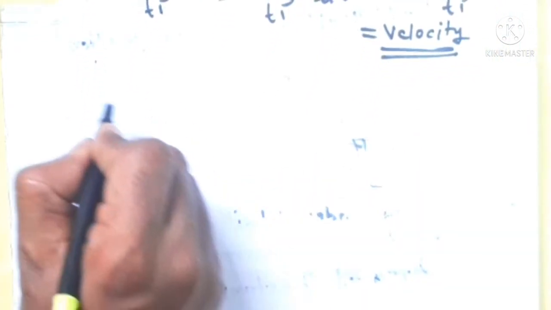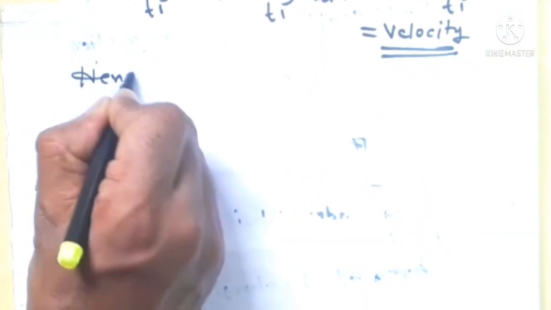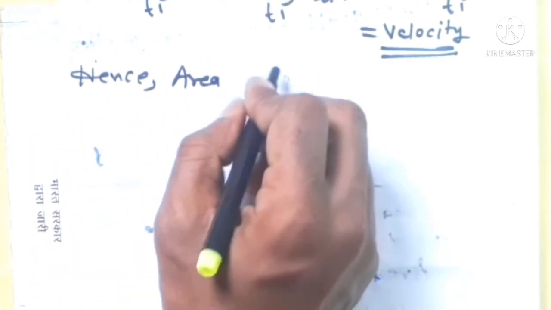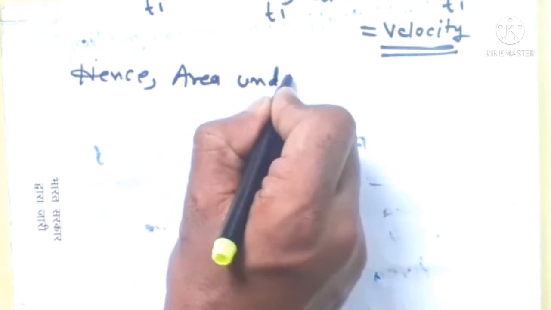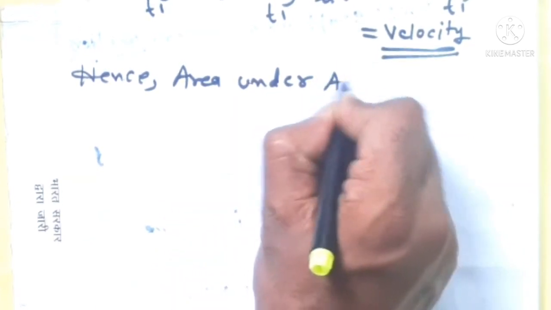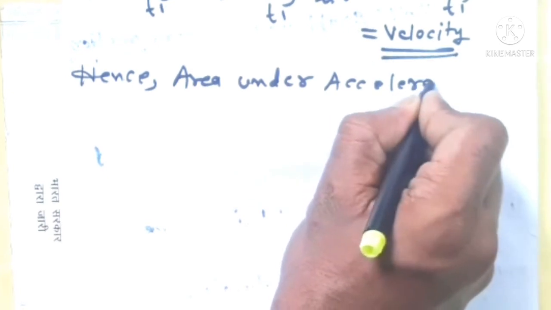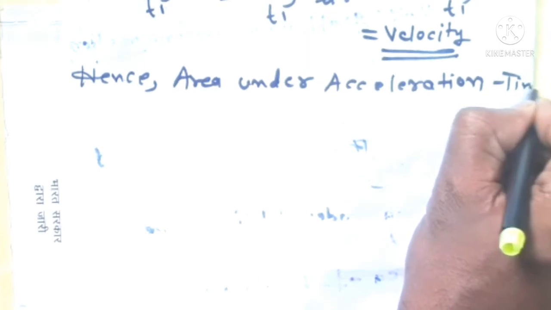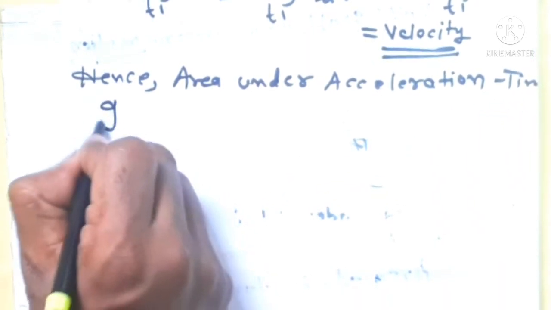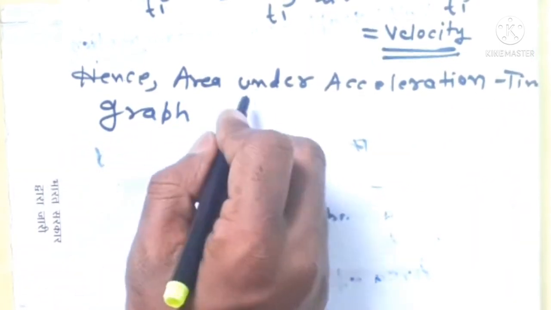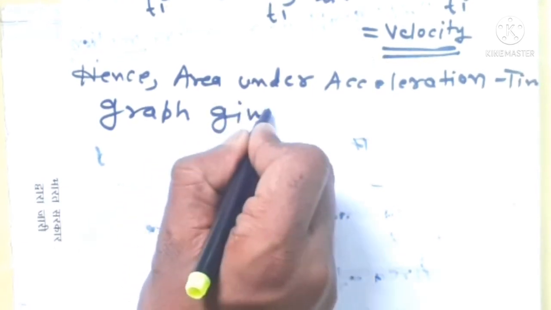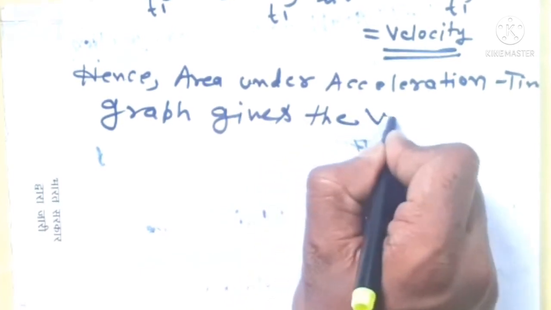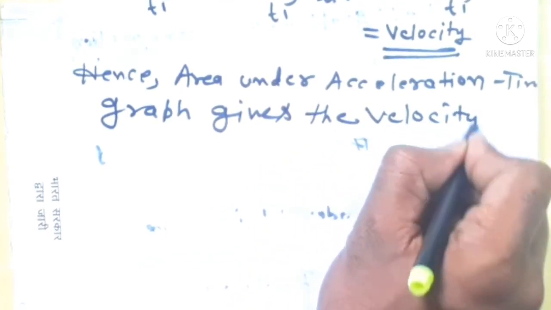Hence the area under the acceleration time graph gives the velocity.